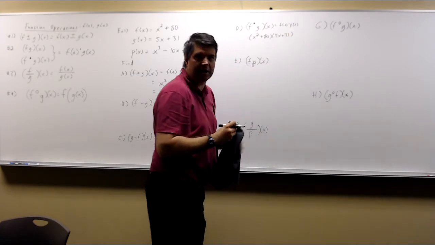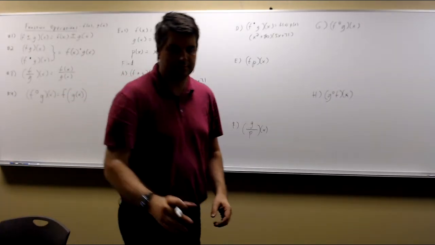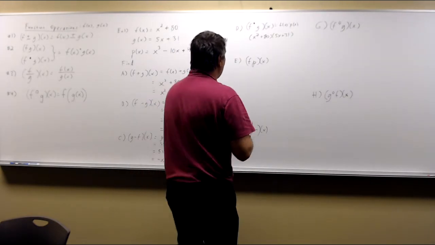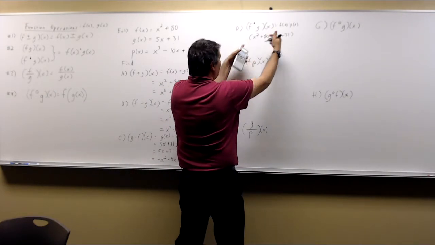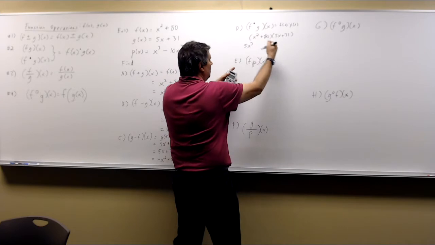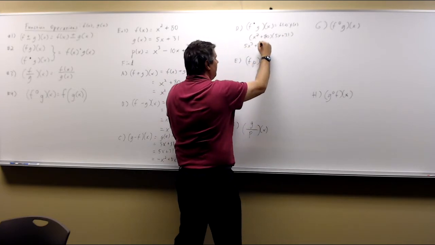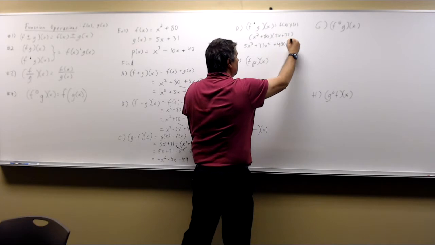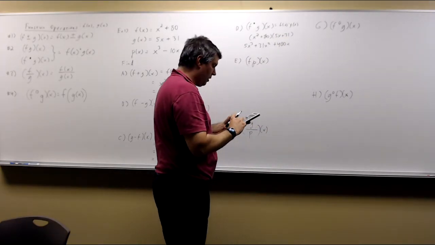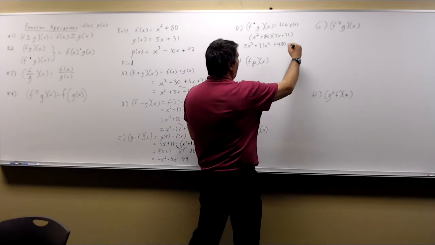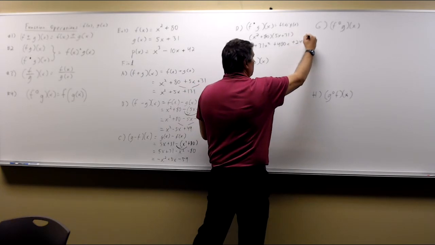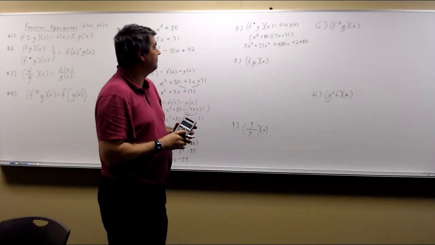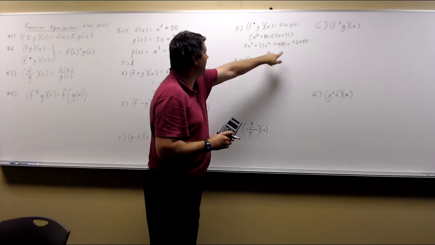I'm going to need a calculator. All right, so under the FOIL method, that's going to be 5x cubed plus 31x squared plus 400x, and 80 times 31 is 2480. All right, so that's what f times g of x is.